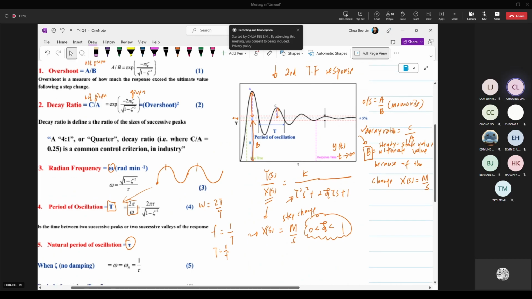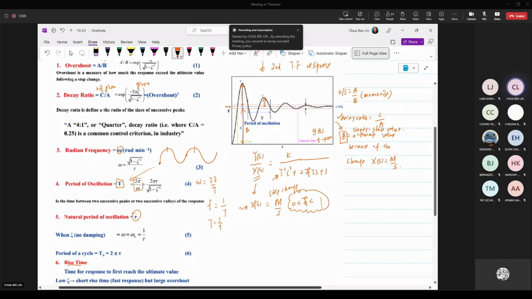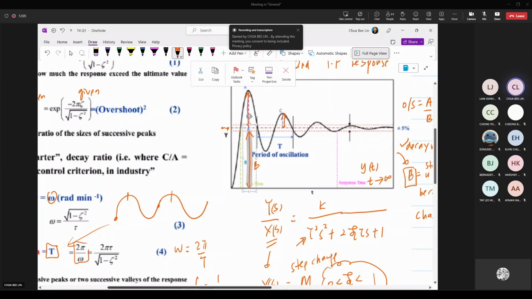natural period of oscillation. Okay, then rise time is the first time it achieves steady state. So in this case, this one will be the T rise. So the T rise is actually when y(t) equals the B value.